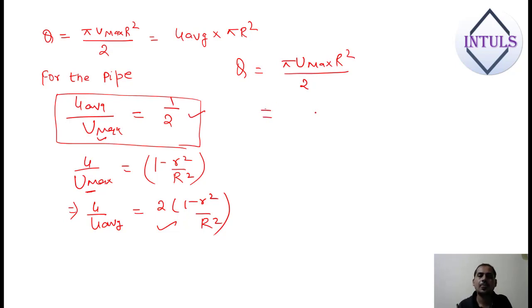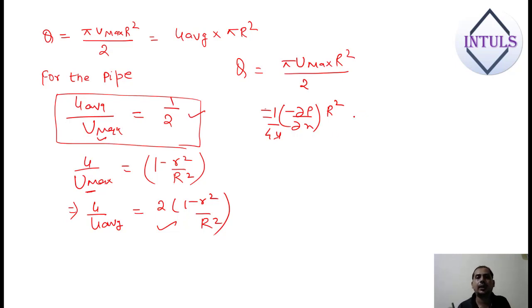So what is the u max? Minus of del p by del x, R square by 4 mu, 1 by 4 mu R square.